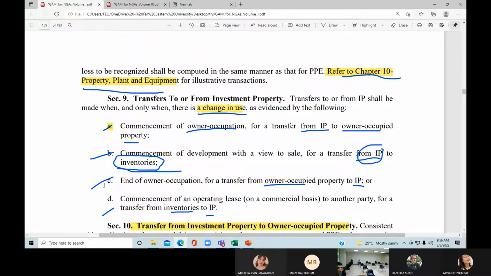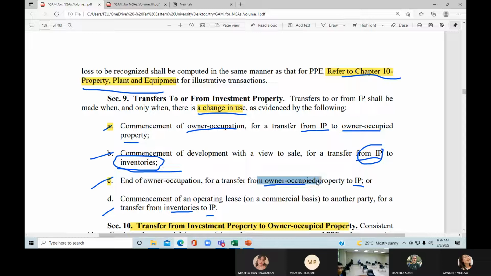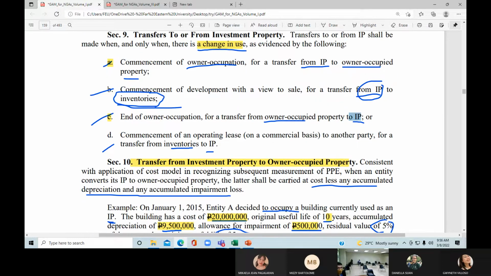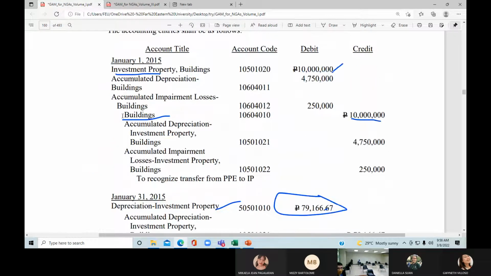Ang kabaligtaran naman niya is itong letter C, no? End of owner occupation. Okay, so manggagaling siya sa owner-occupied property to investment property. Same lang yung gagawin mo, opposite lang. So ang tatanggalin mo dito is yung buildings account. Lipat mo yung PPE na to sa investment property.